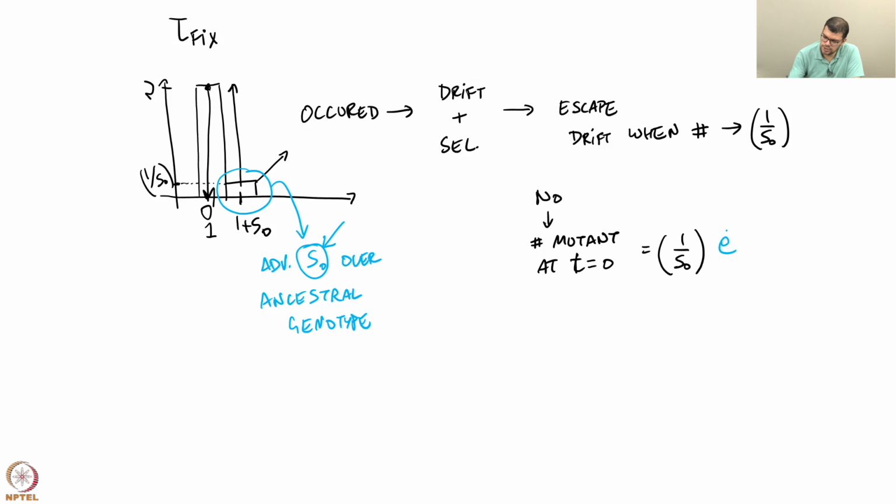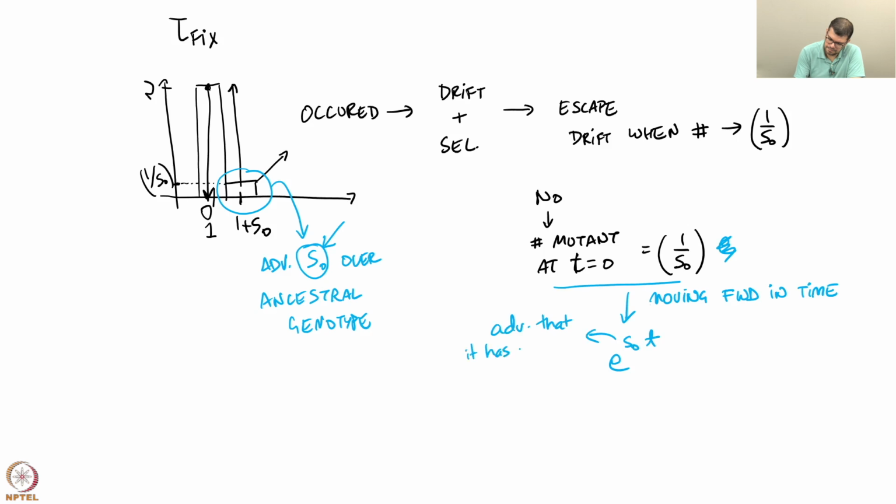So this is at t equal to 0, but as we move forward in time, its numbers increase as e to the power S naught t, where S naught is the advantage that it has over the ancestral genotype.